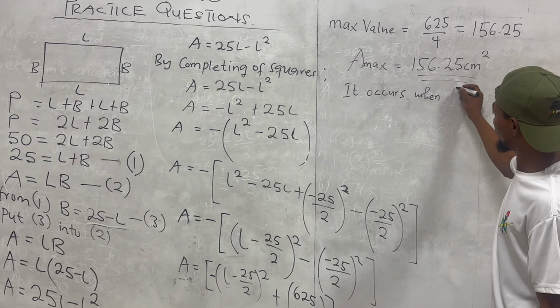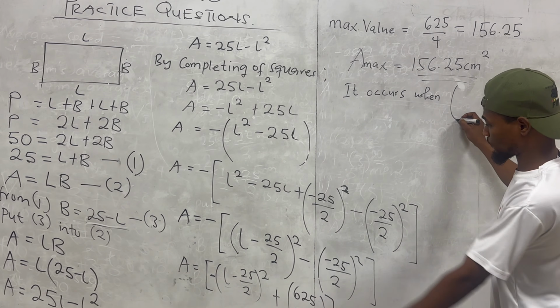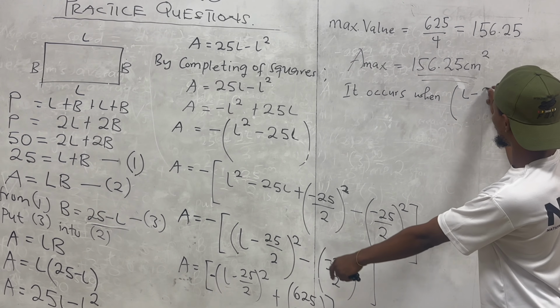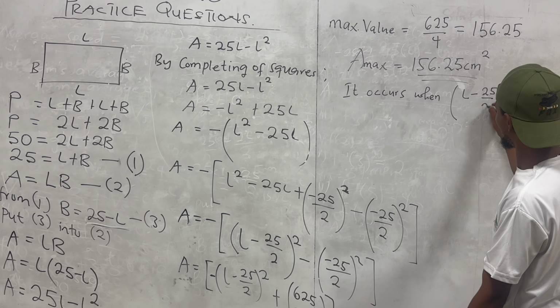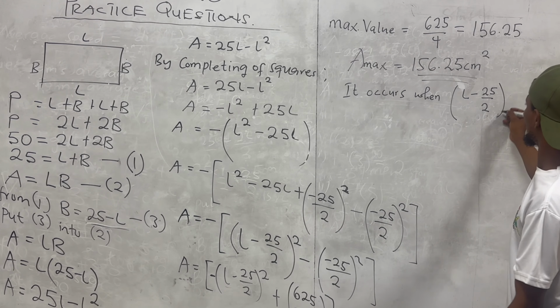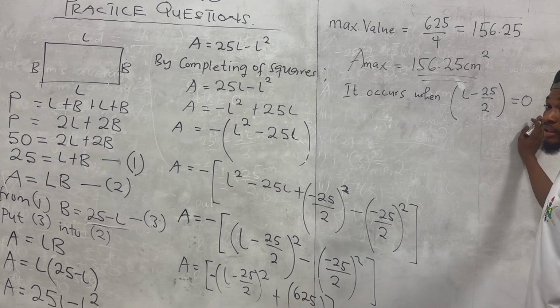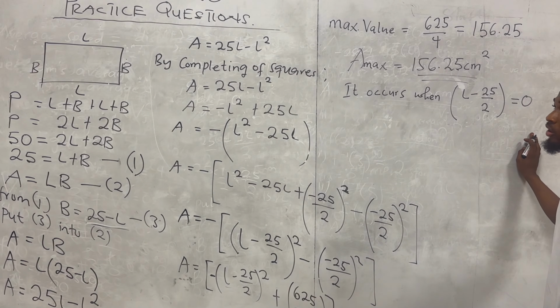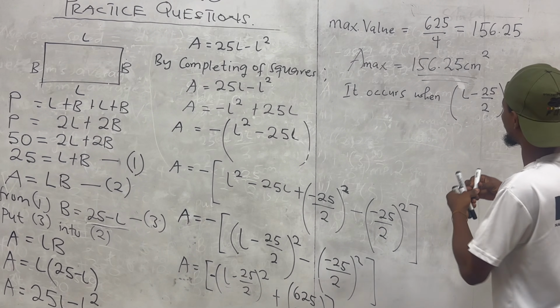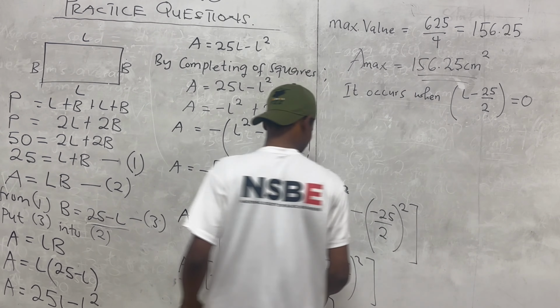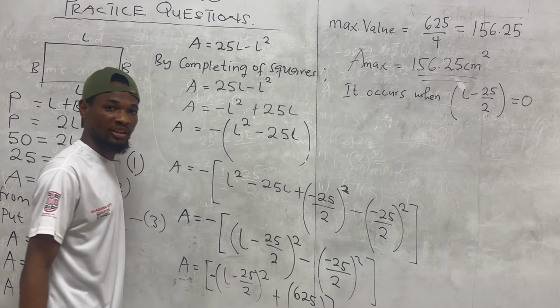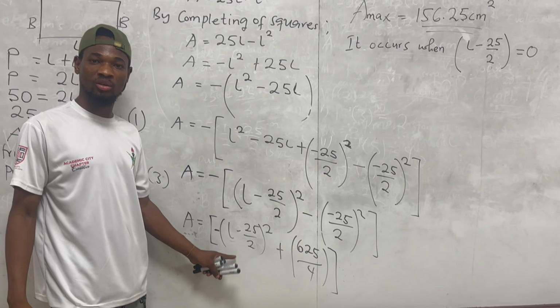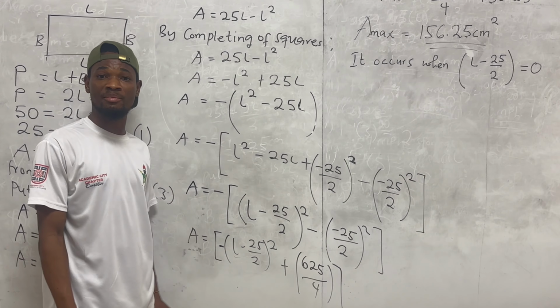And it occurs when L minus 25 over 2 is equal to 0. In other words, this represents the maximum value, and this is where it occurs, or the equation of symmetry.